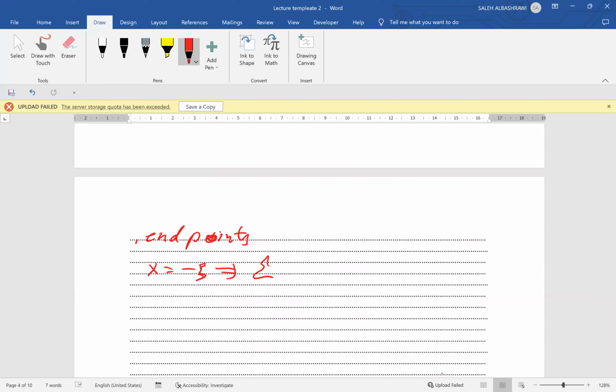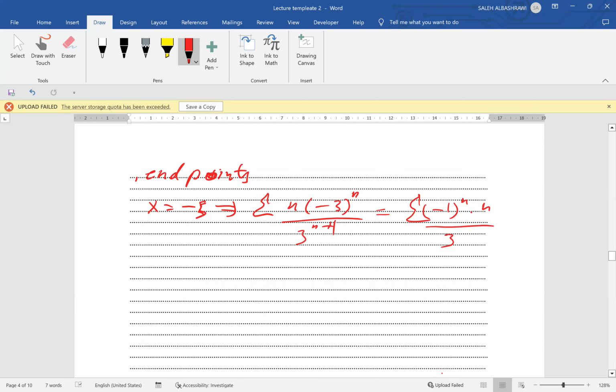This will be minus 1 to power n times n divided by 3. But this is divergent by the divergence test, which means x equal to minus 5 is not included.